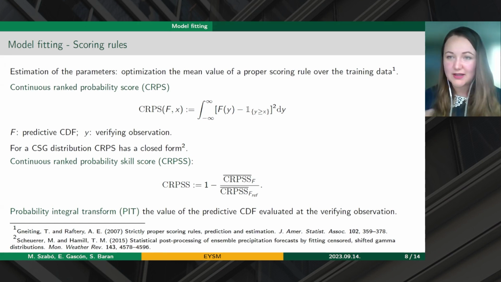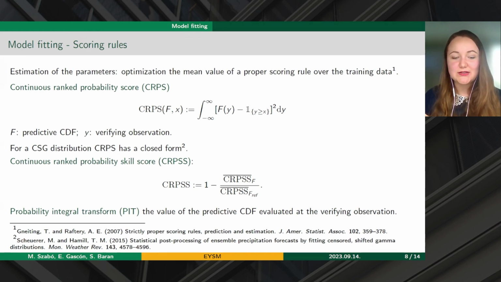So we are trying to see the difference there. To be able to numerically stably compute this, we need a closed form for this formula. That needs to be given for all of these different distributions, which thankfully we already had from previous publications. So for the CSG distribution, we already had a closed form, so we could calculate with that.